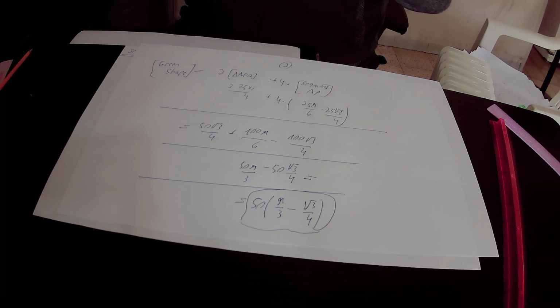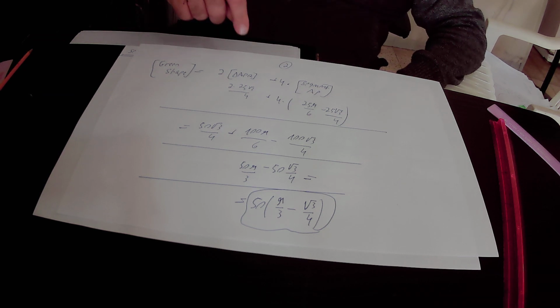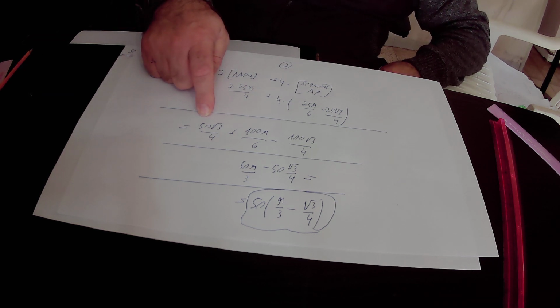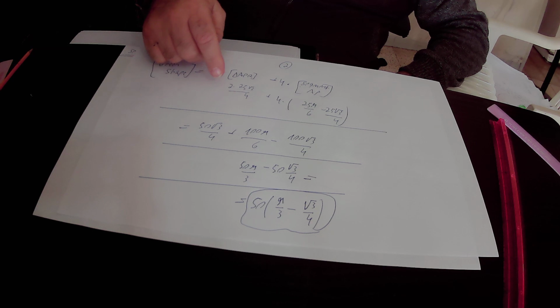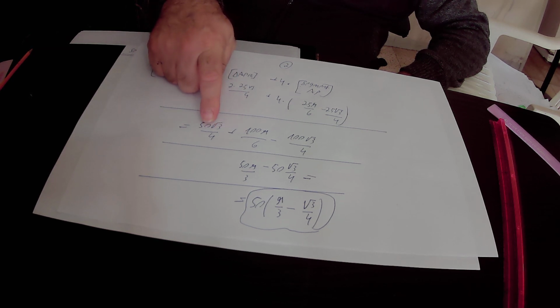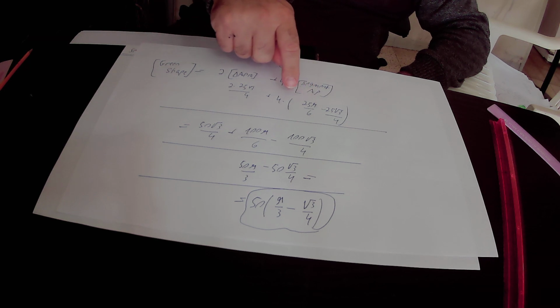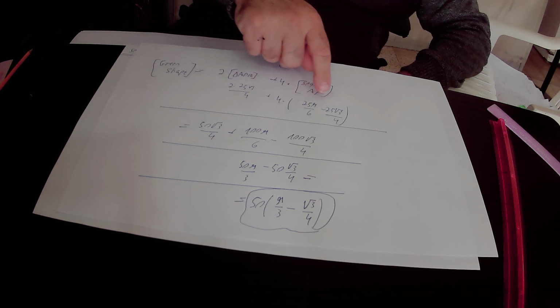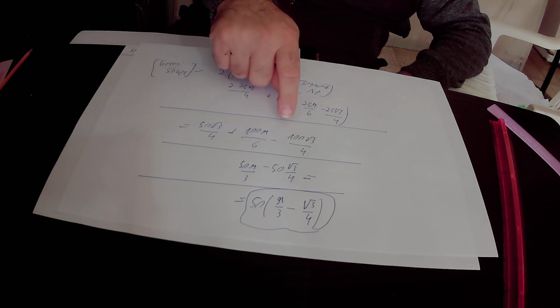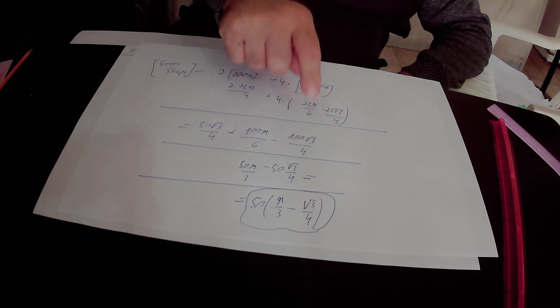So here 2 times 25 is 50, so this expression equals 50 times square root of 3 over 4. 4 times 25 is 100, so here we have 100 pi over 6. 4 times 25 is 100, so we have here minus 100 times square root of 3 over 4.